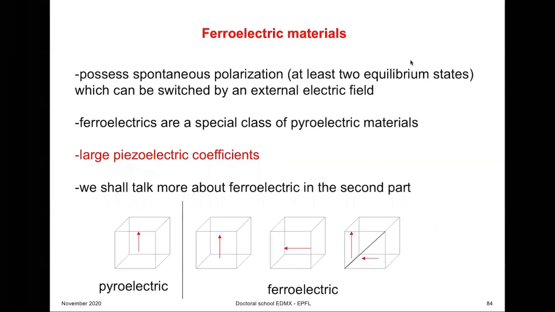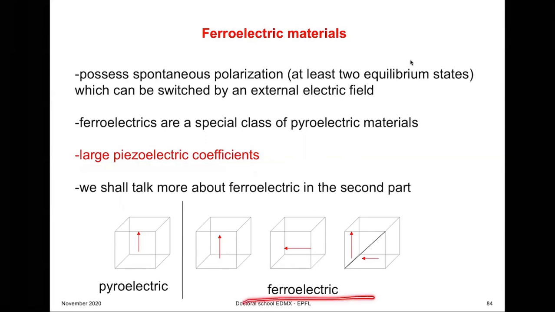Ferroelectrics are a special class of pyroelectric materials. Pyroelectric materials have spontaneous polarization, but it is not reversible with achievable electric fields. These ferroelectric materials usually have very large piezoelectric coefficients, and that is why they are interesting for us, and we will spend a lot of time studying these ferroelectric materials.